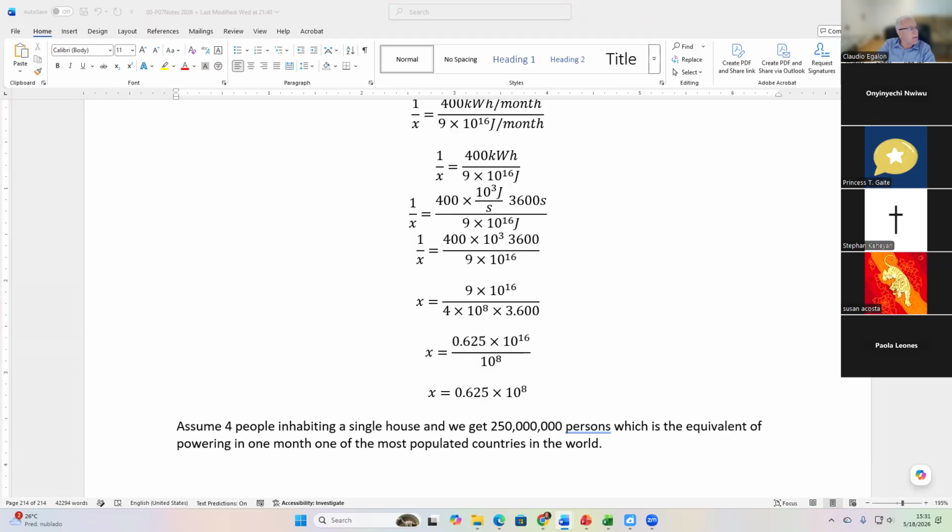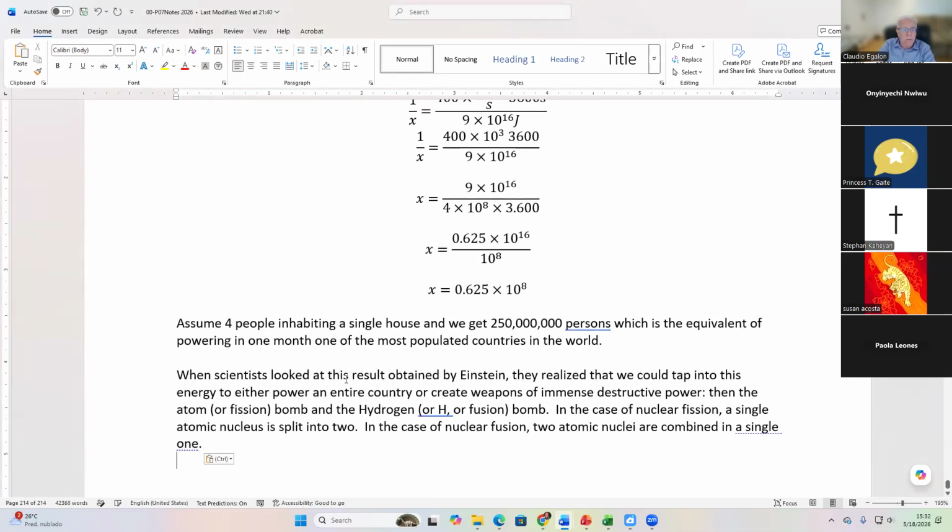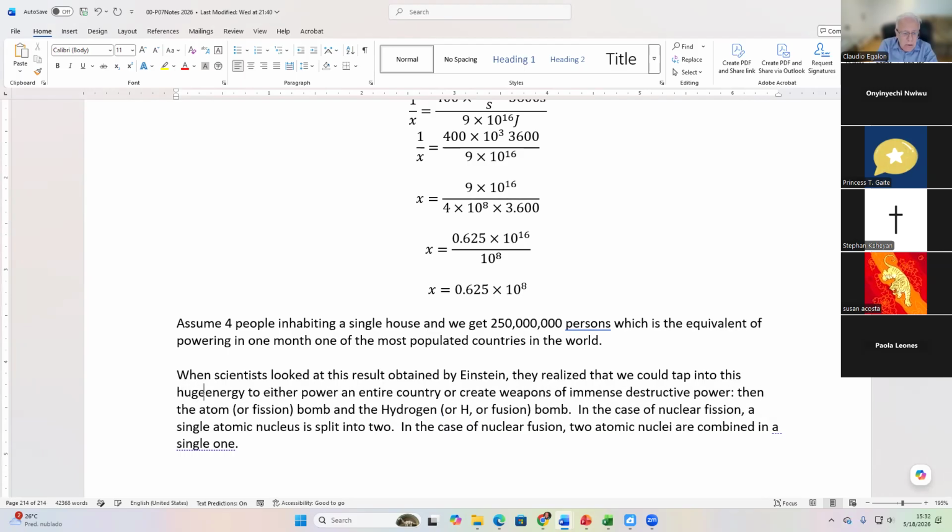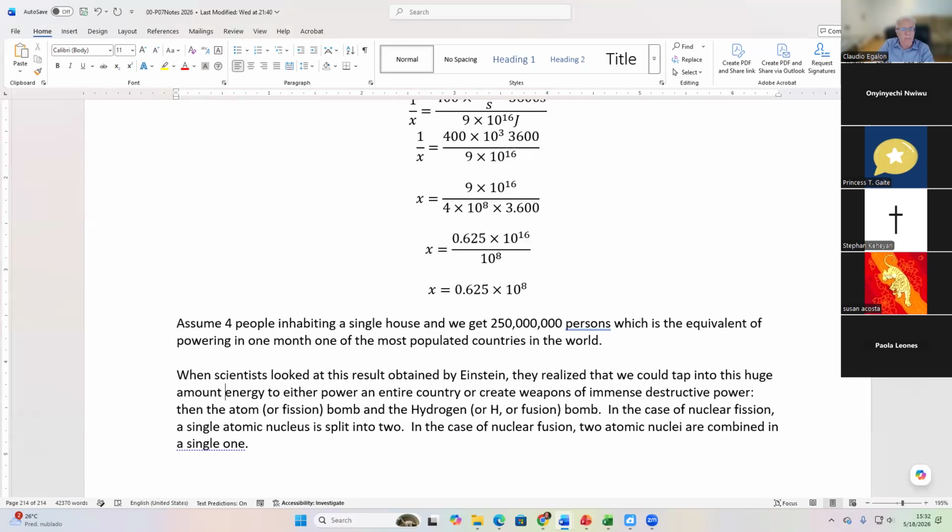When scientists looked at this result obtained by Einstein, they realized that they could tap into this huge amount of energy to either power an entire country or create weapons of immense destructive power, like the atom bomb and the hydrogen bomb.